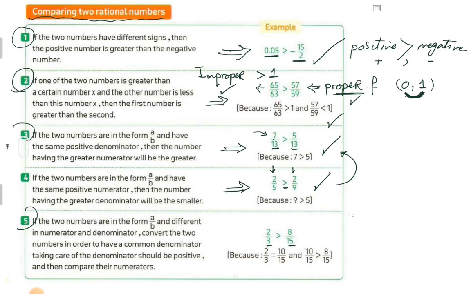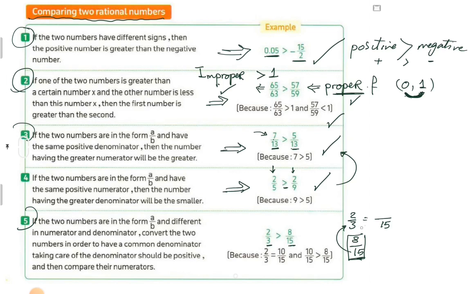Just 2 over 3 and 8 over 15. I need to make them like denominator. First, we find out that 15 is a multiple of 3. So keep 15 constant, and I need to make 3 into 15.